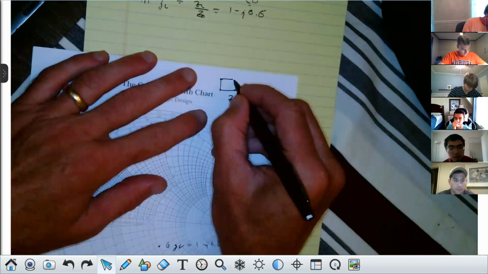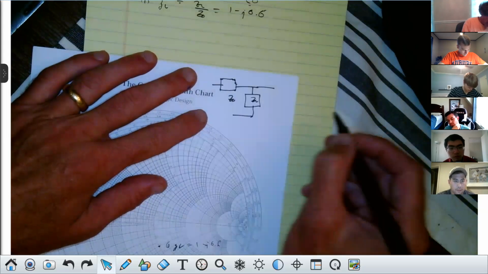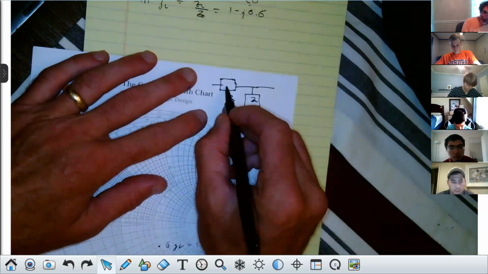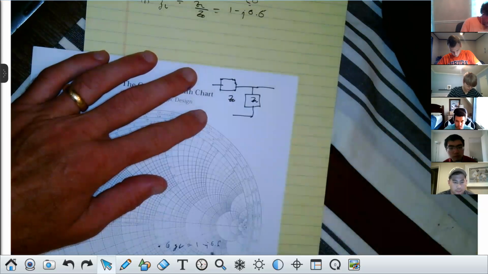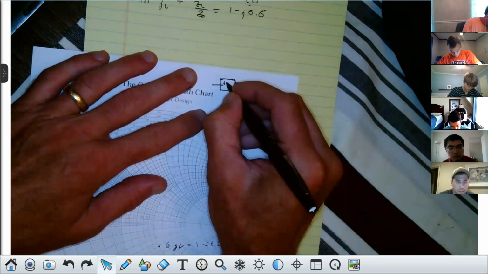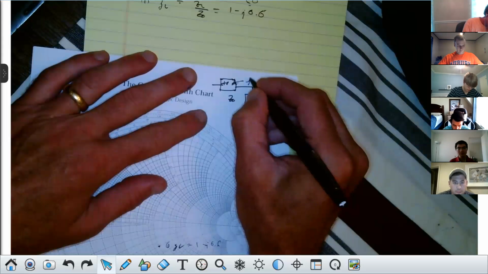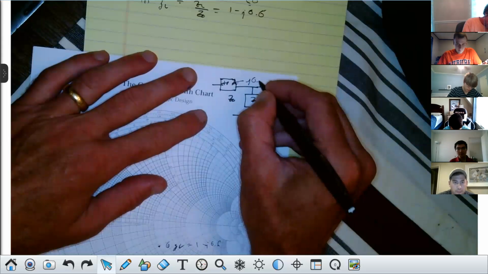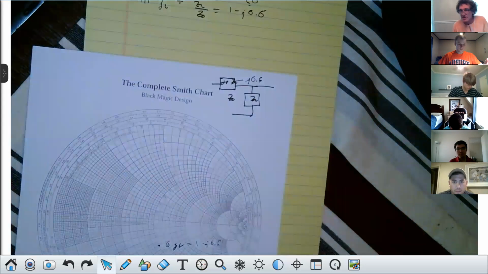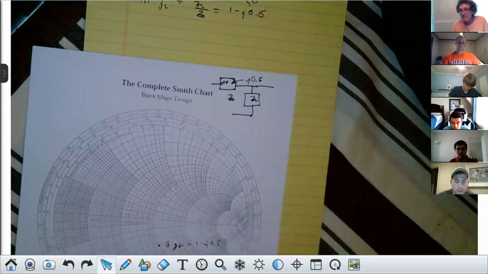This would be impedance matching with a series element, where this added thing would get rid of the minus J.6. So it would be plus J 0.6, and it would be a normalized impedance. Do y'all see that, class? Just show hands. I need to try to get an idea if you're understanding this.